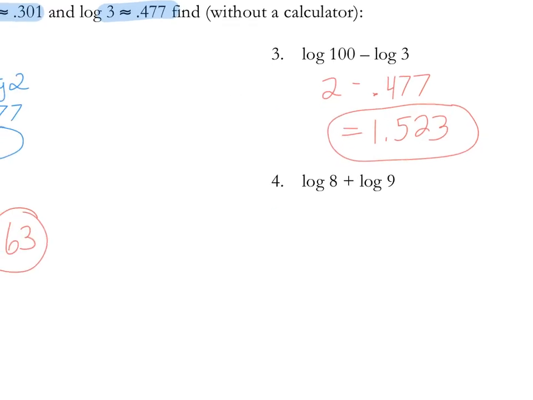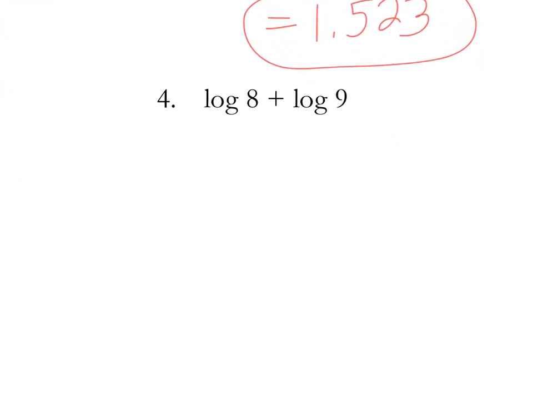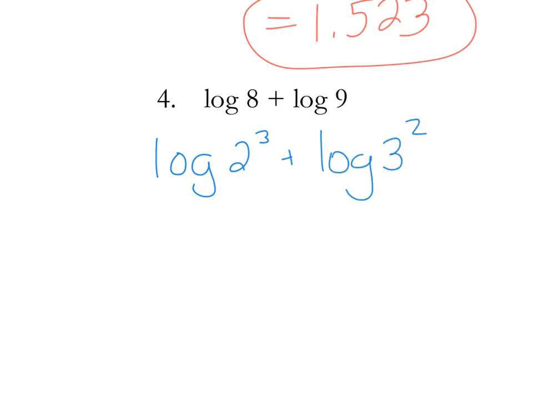Number 4 here, you may be a little thrown off because we have 8s and 9s. Well, I know that 8 is a power of 2 and 9 is a power of 3. So I can write this as the log of 2 cubed plus the log of 3 squared, which I can rewrite using my power rules as 3 times the log of 2 plus 2 times the log of 3.